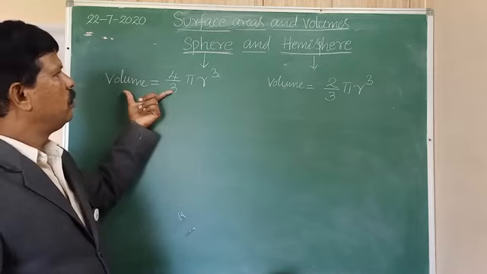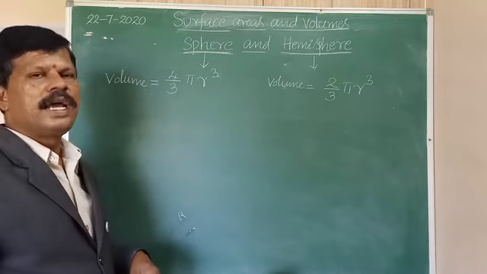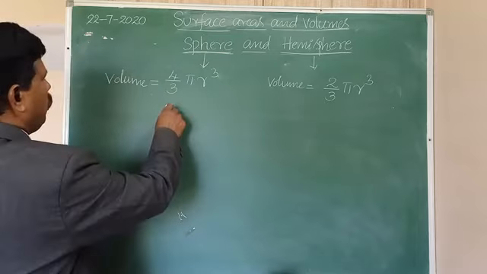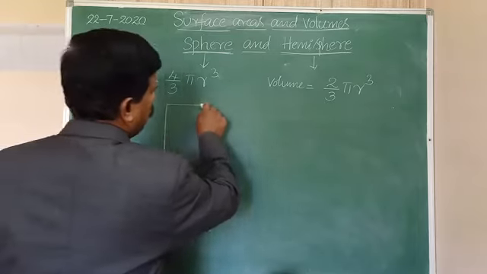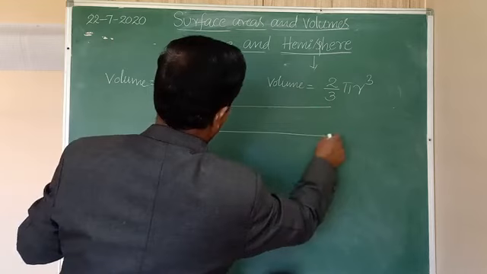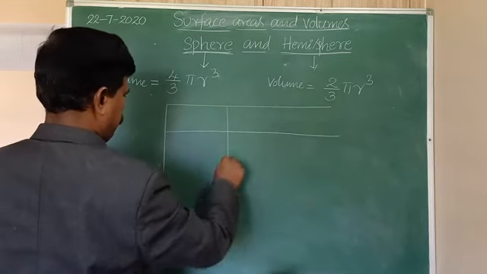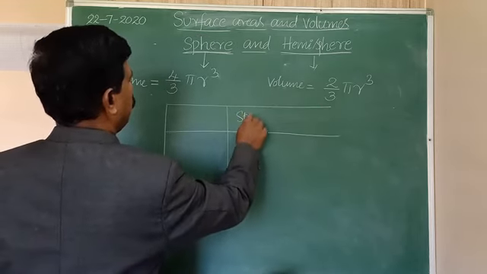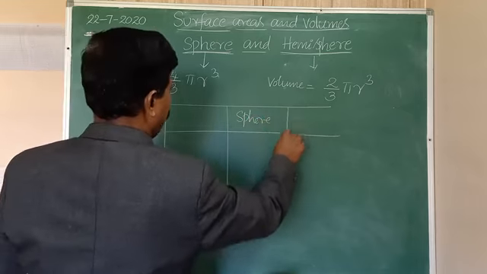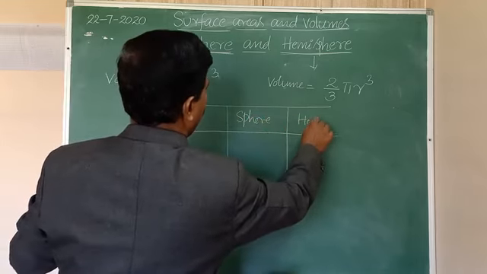So volume of sphere and volume of hemisphere. If you put this in the form of a table, here is sphere and hemisphere.